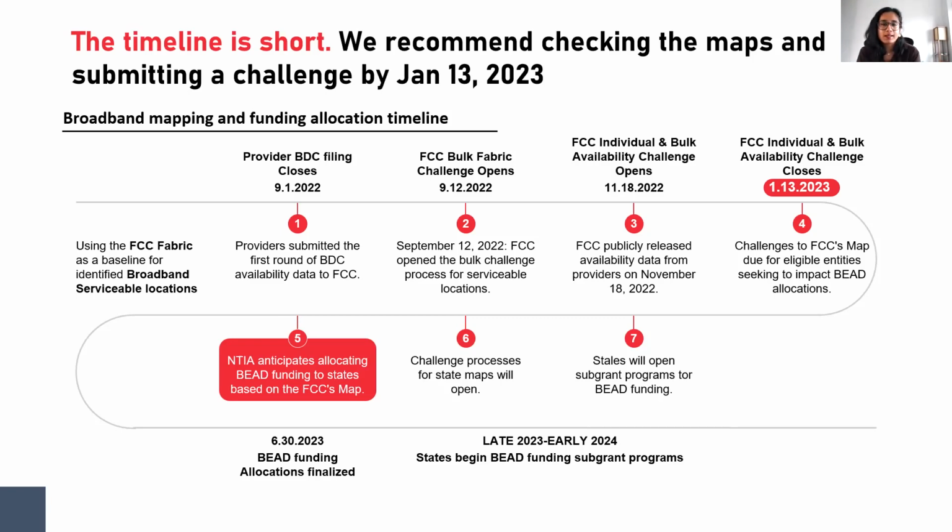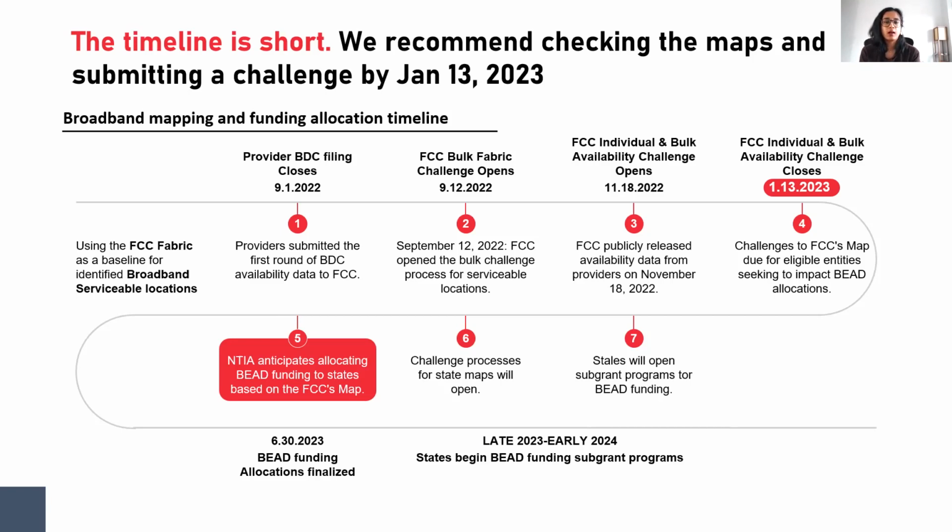On November 18th, as I mentioned, the new FCC availability maps came out. So we are now open with the individual and bulk availability challenge processes that are supposed to end on the 13th of January, 2023. By the end of June 2023, NTIA anticipates allocating the BEAD funding based on the FCC maps.